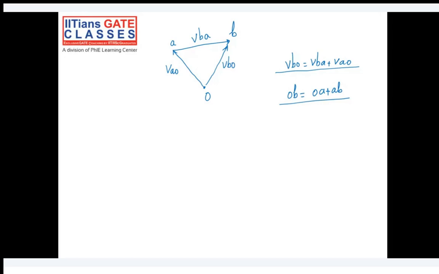Let's say this point is maybe D, and this VDC. Then the closing side will be the resultant or addition of this. I'll use the red pen. So that is VDO in this case.